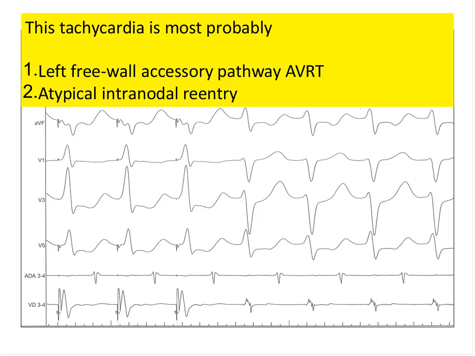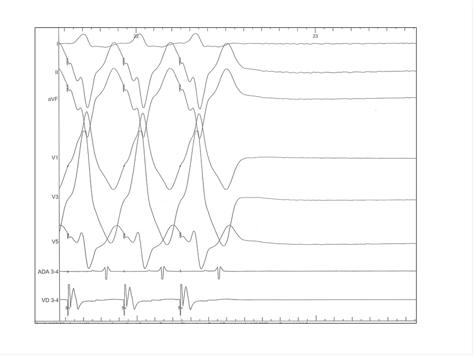Having looked at the recordings, do you think that the tachycardia is most likely a left free wall accessory pathway mediated tachycardia? Or do you think it is most likely to be an atypical intranodal reentrant tachycardia? Now this is a difficult one, and I want you to look very carefully at this tracing, and eventually I will show you once more the previous tracing if I can come back.